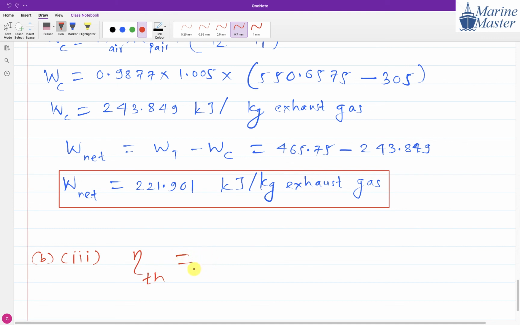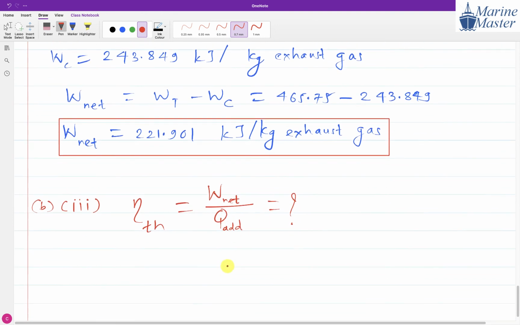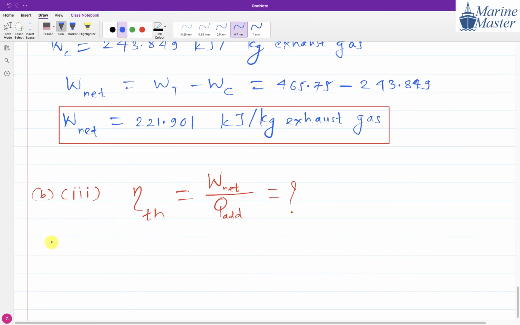And what is the relation of eta TH? We have seen W net, the network output, divided by the input we are giving, the heat addition. So eta TH is W net by Q addition. What is unknown here? Q addition. And how to get Q addition? Very simple relation. Q addition will be mass of gas into specific heat of gas into T3 minus T2.